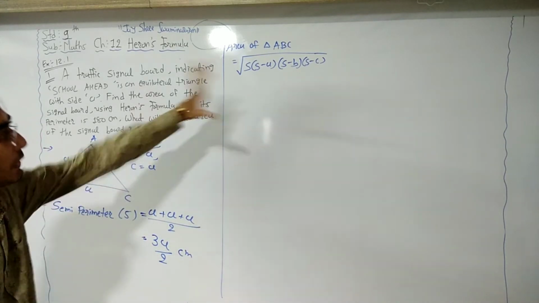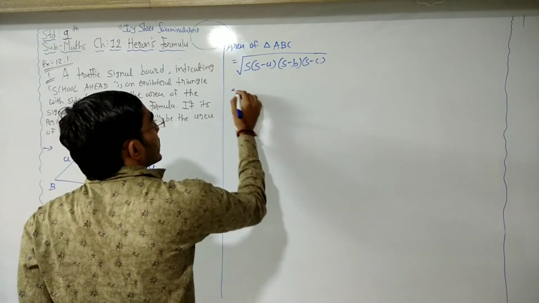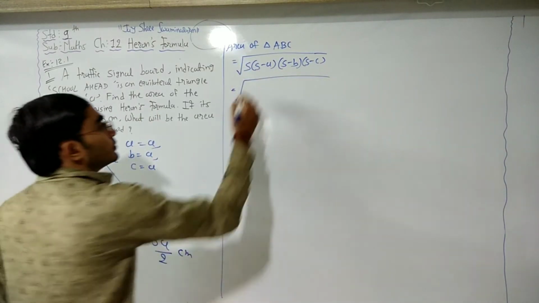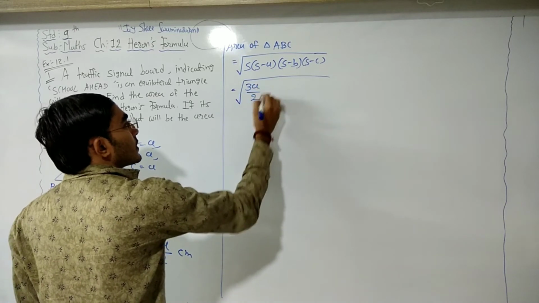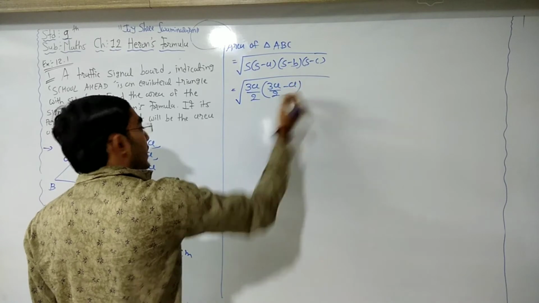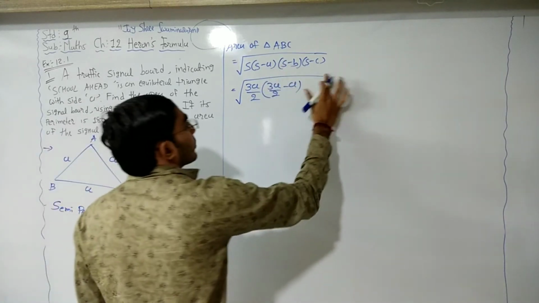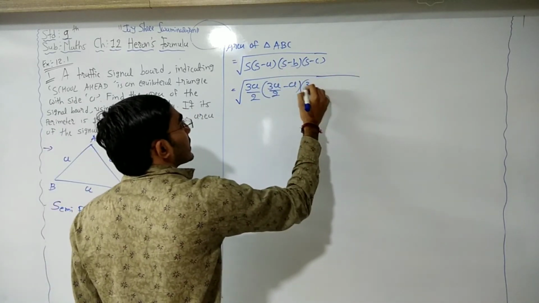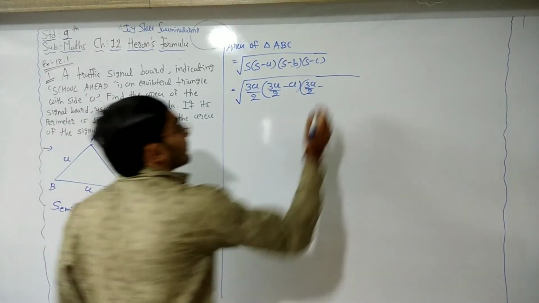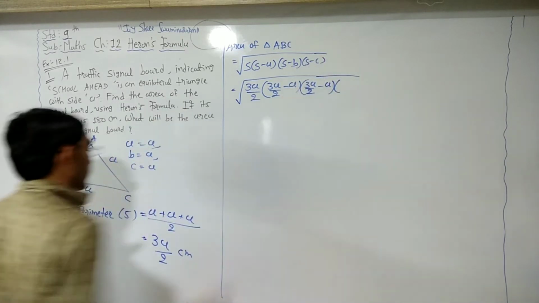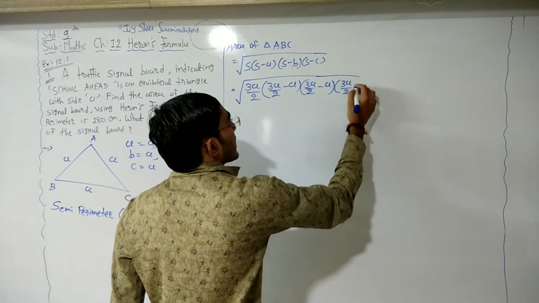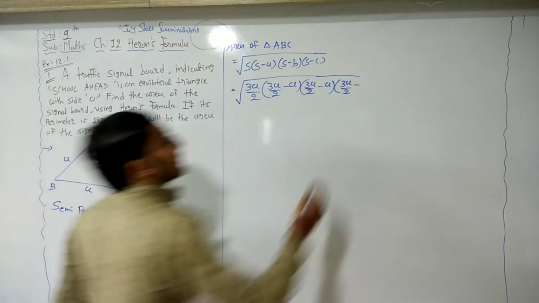So put all these values here: root of 3a by 2, then 3a by 2 minus a, then 3a by 2 minus a, and 3a by 2 minus a.